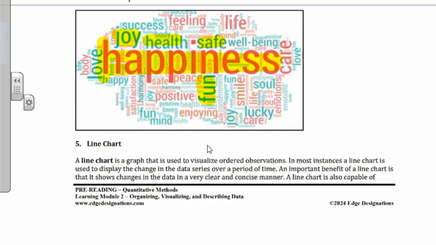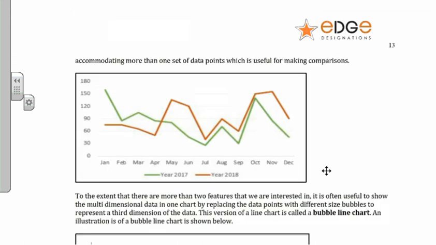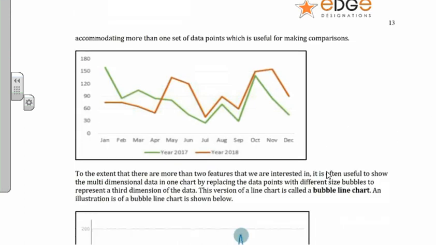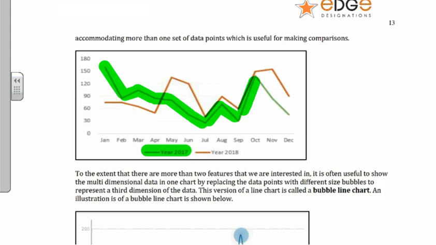A line chart. We've seen this a little bit before as well. It's a very similar concept, but a line chart is very often used when I'm making comparisons. If you look over here, if I'm trying to compare year on year, for example, I would have my 2017 year there in the green, and you can compare that month on month with the next year, which is 2018.